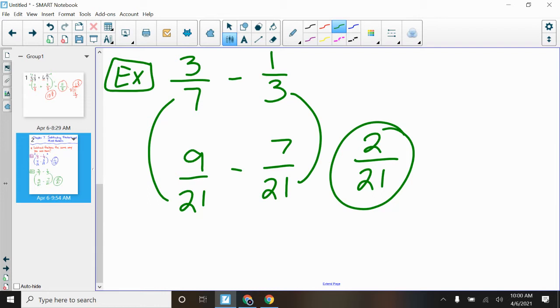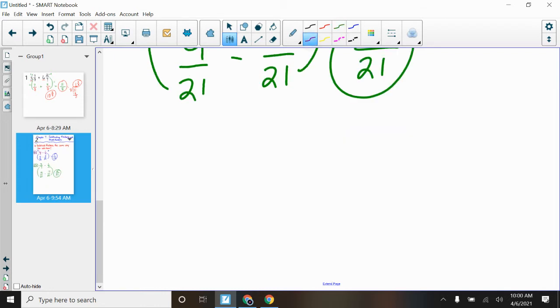Now, some people have said to me, will it always be this easy? And my answer to you is kind of, but not always. So I want you to take yourself back to when you were in 2nd grade for a minute. Don't remember any of that. So when you were in 2nd grade, you started learning how to subtract numbers.